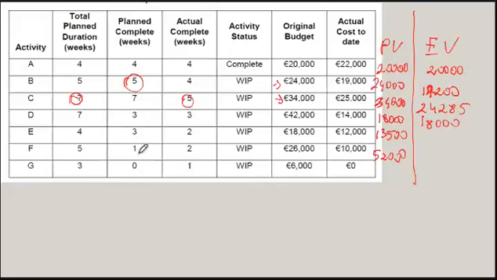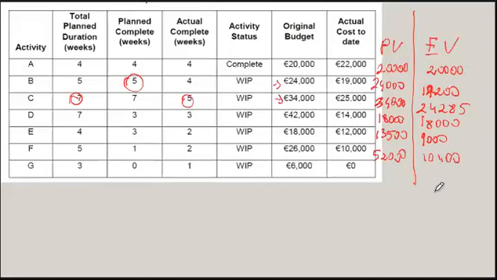For the next one, we completed 2 out of 4 out of 18. So that will be 9,000 here. And finally, 2 out of 5 out of 26. So that will be 10,400.